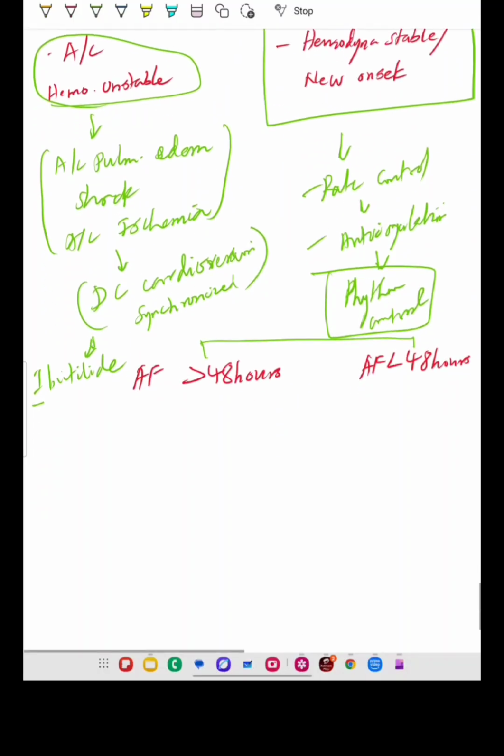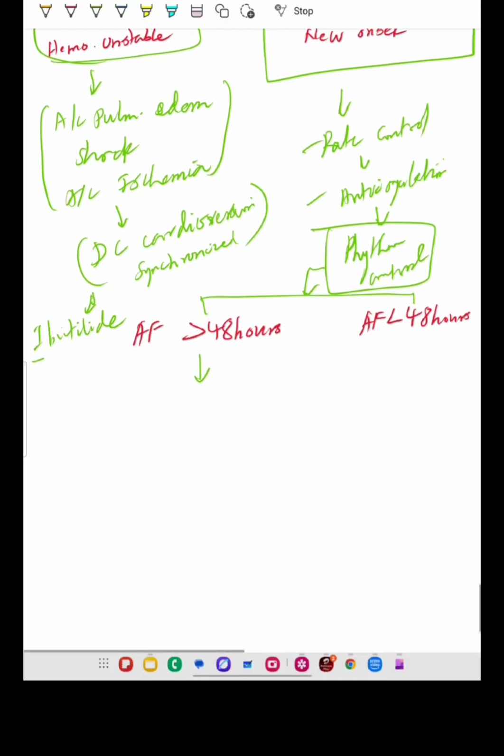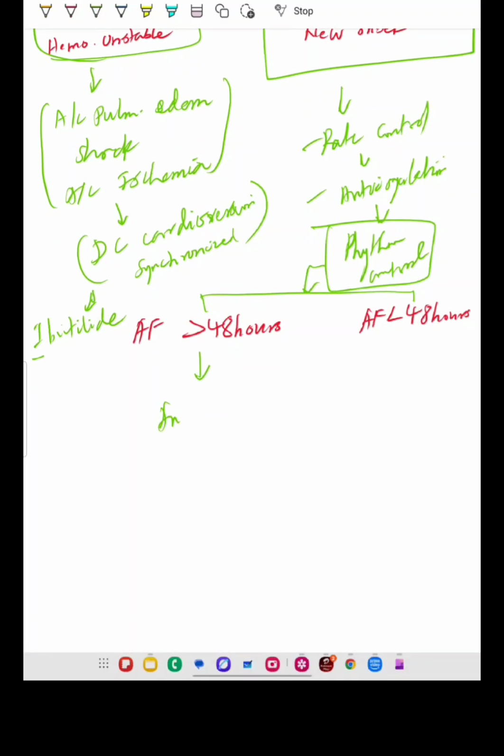So if your AF is more than 48 hours, there's a high risk that the patient will have a thrombus. So anticoagulate and defer cardioversion by 4 weeks.